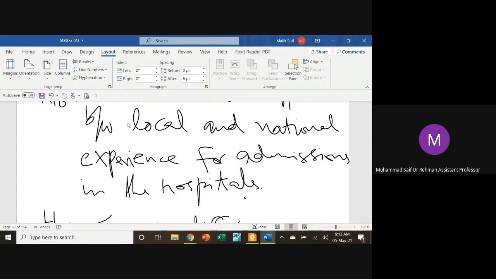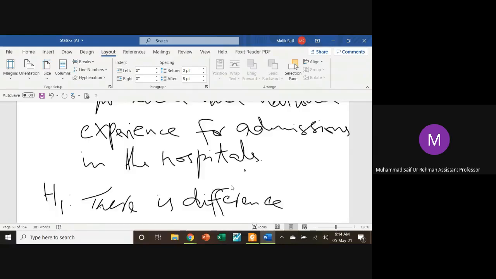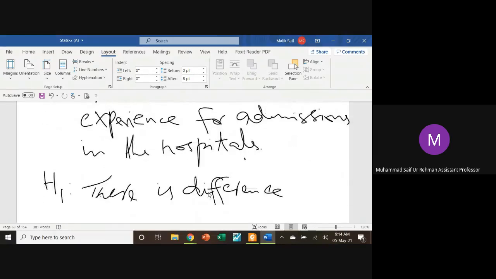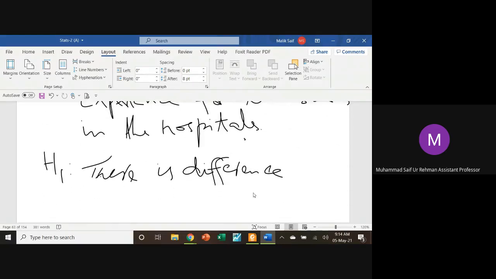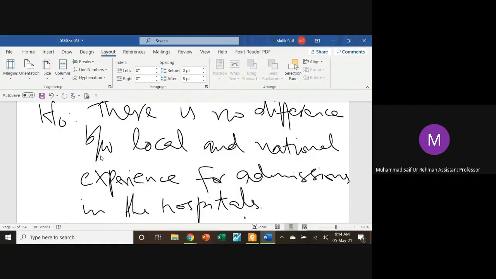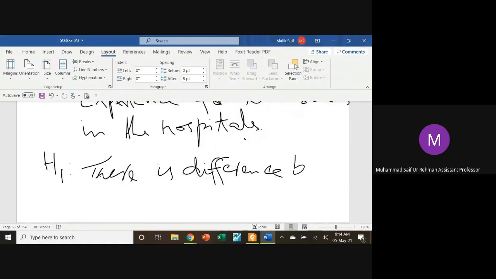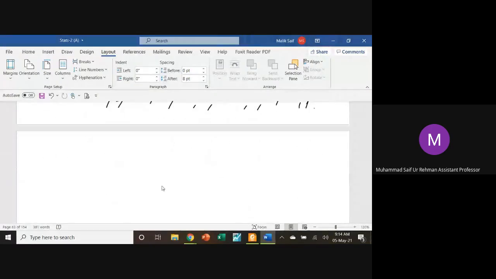So local is based on sample and national means there is whole population there. So there is difference. So difference means inequality sign is there. So you will write down the remaining statement between local and so on up to in the hospitals, like this. So this will be your alternate hypothesis.